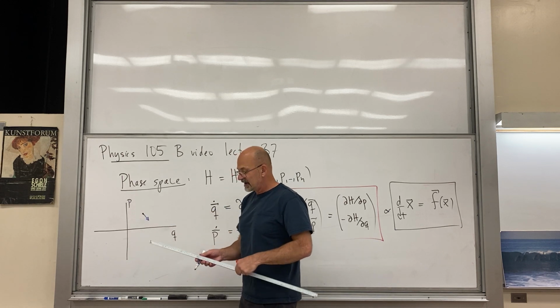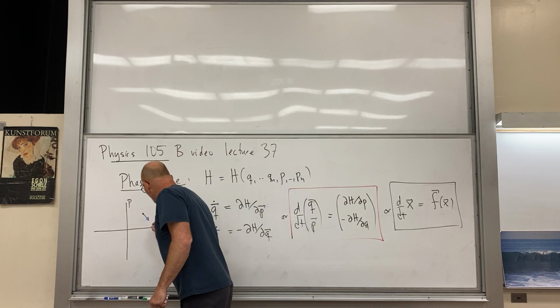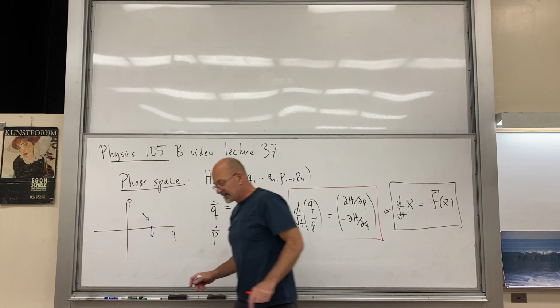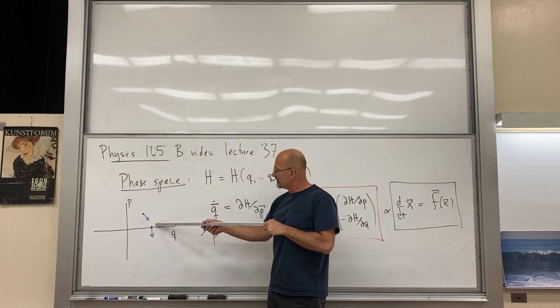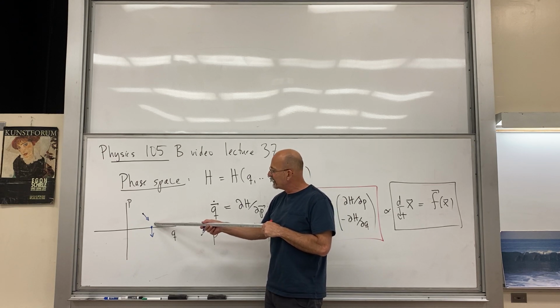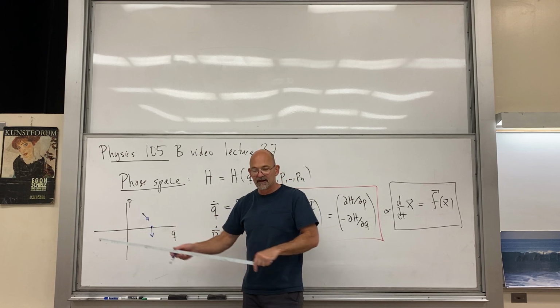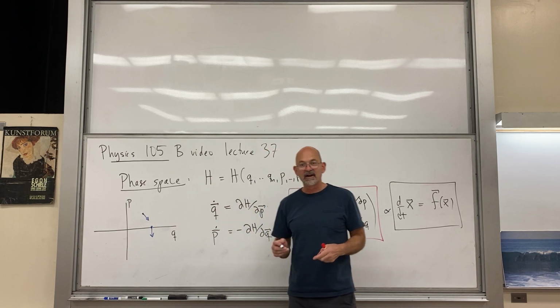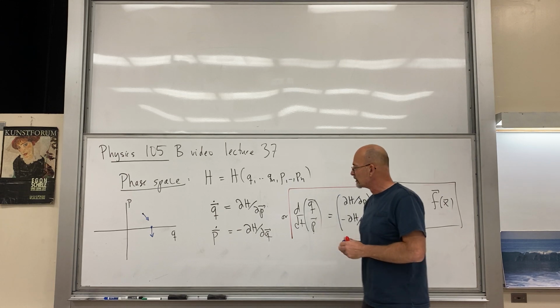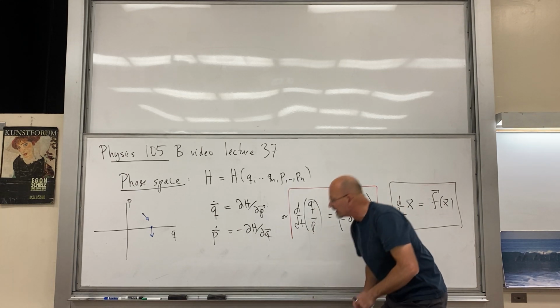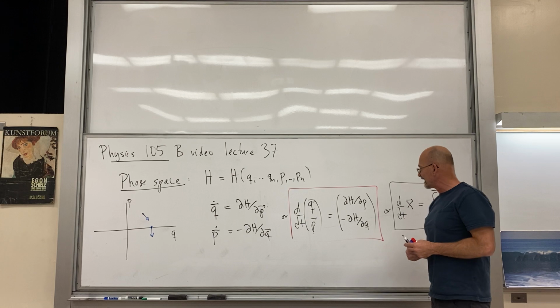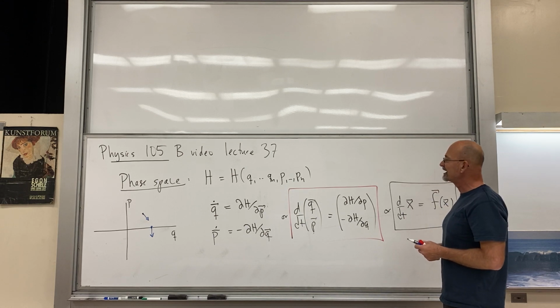If you're at this point, that means you're at the maximum of the position, and therefore your momentum is about to go negative because you're going to head left again. And that's how that circular pattern was derived. I'm going to discuss that again, and then keep going with it.